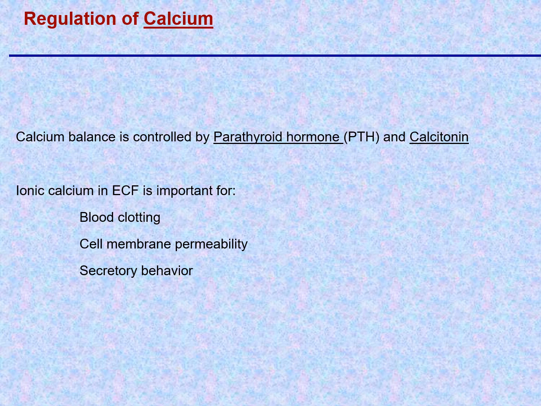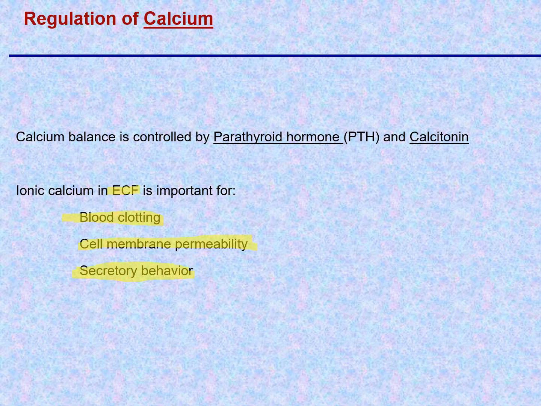Just to name a few, the blood clotting pathway, that cascade of clotting factors, which are all proteins, many of them need calcium to be active. Cell membrane permeability is affected by ionic calcium levels in the extracellular fluid, and it's also very important in the ability of secretory cells to carry out their secretion.